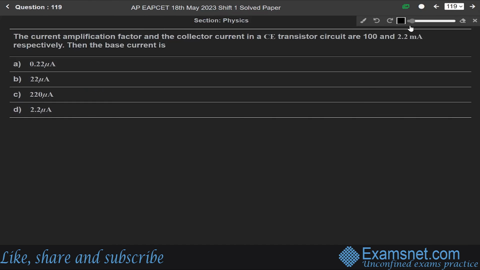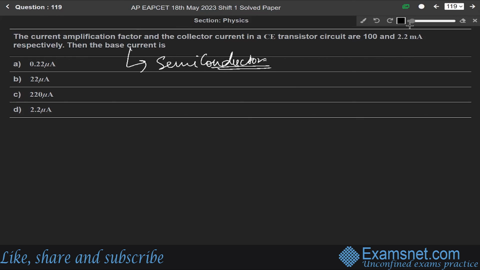Now next question 119. The current amplification factor and the collector current in a CE, common emitter, transistor circuit are 100 and 2.2 milliampere respectively. We have to find the base current. This is a very simple question. This question is also from the chapter of semiconductors. We just have to apply one simple formula.